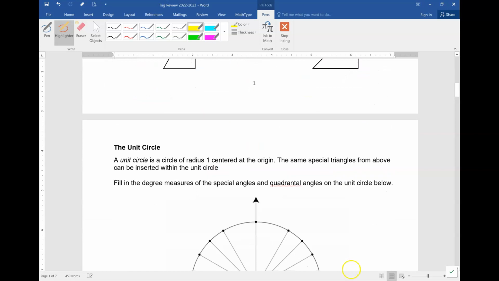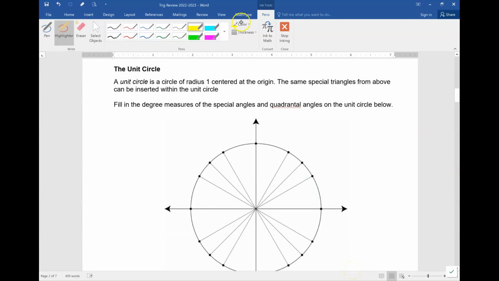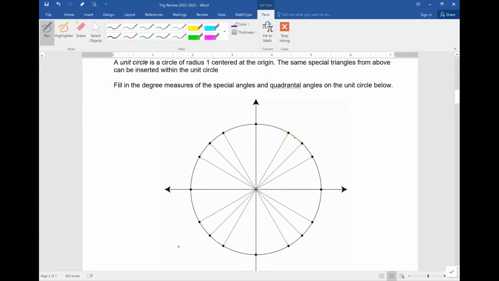Okay, so here are some more triangles. Let's move past to the unit circle. The unit circle is basically a circle with a radius of 1 centered at the origin, right? This is pretty much it. So if I have the x and y axes, this is 1, 1, -1, -1.